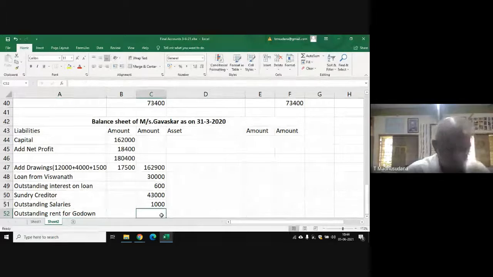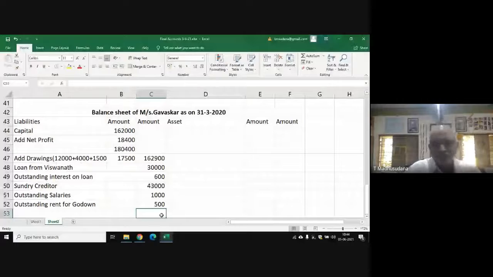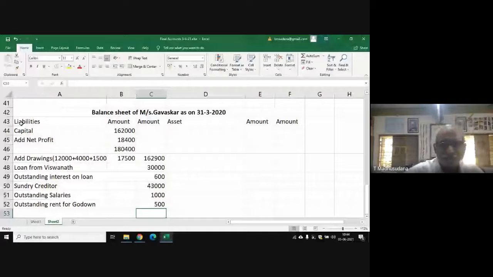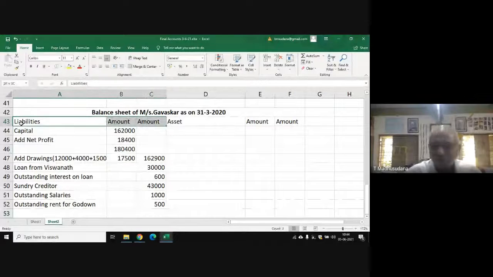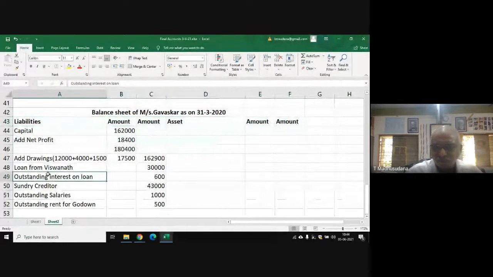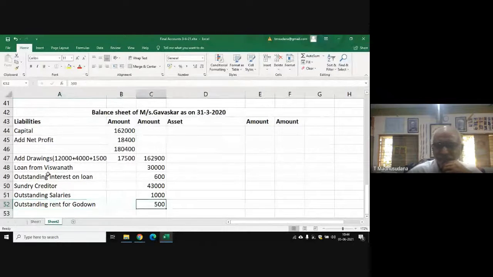That is 500 rupees. So these are the items which appear on the liabilities side of the balance sheet. From capital, we add net profit, and from that figure we deduct the drawings; then loan from Vishwanath, outstanding interest on loan, sundry creditors, outstanding salaries, and outstanding rent for godown. So these are the various liability items.